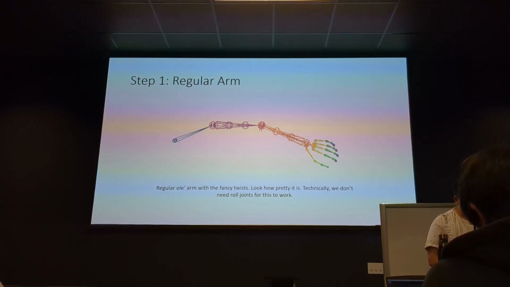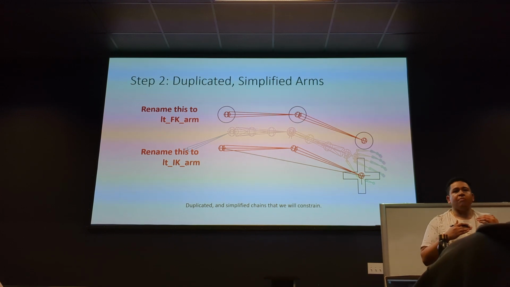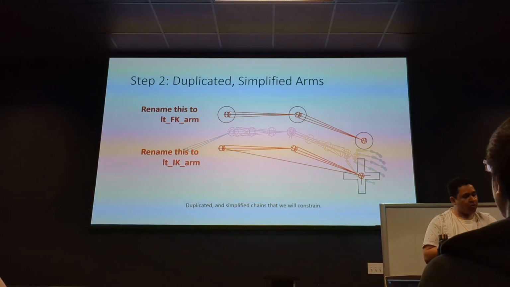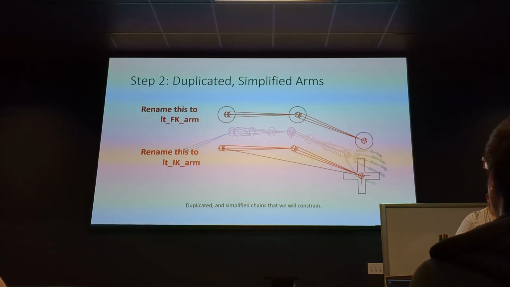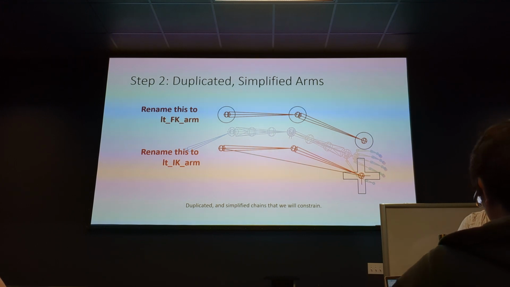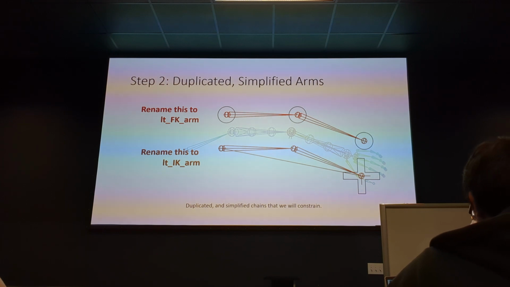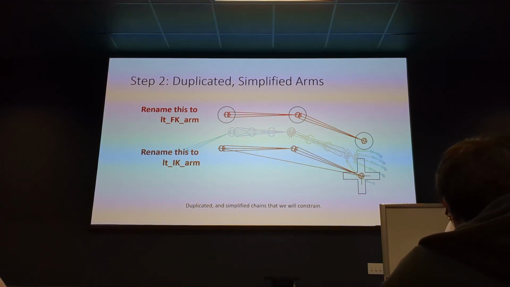The way that it's going to work is we're going to create 2 separate arms, one that has IK controls on it and another that has FK controls on it. And they're both going to sit on top of or be right inside of that original arm shape. So once we have those duplicated chains, we're not going to actually move them, I just pull them out to sort of show what they're doing there. But again, they're simplified, so we just have a shoulder, elbow, and wrist for both these control types.